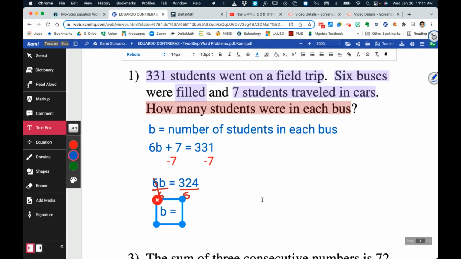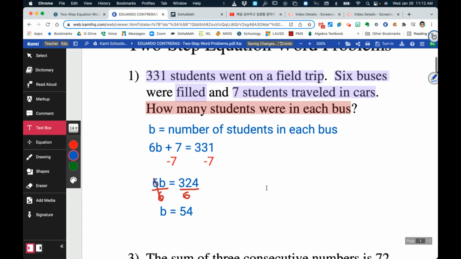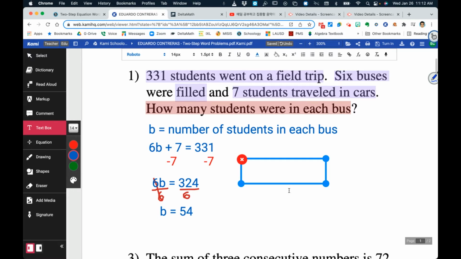Basically, whatever 324 divided by 6 is. 54. We have our answer.